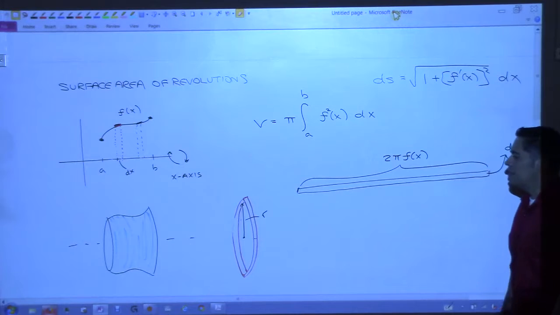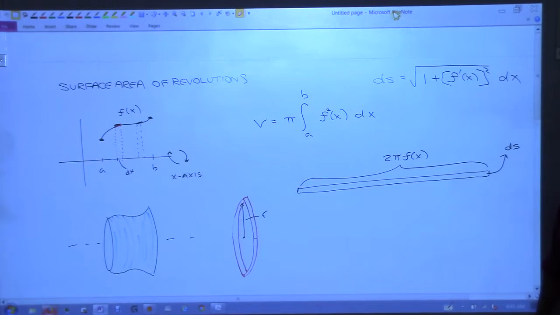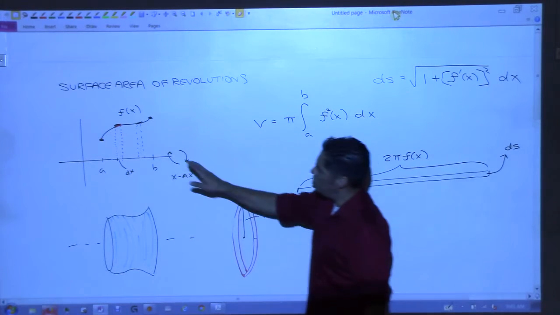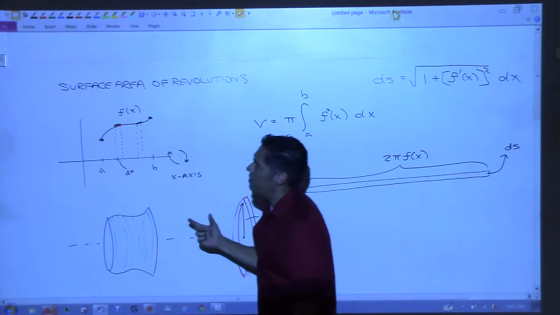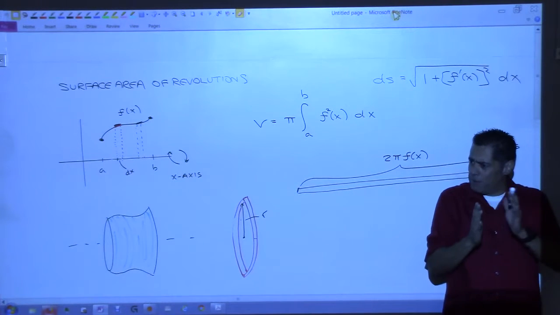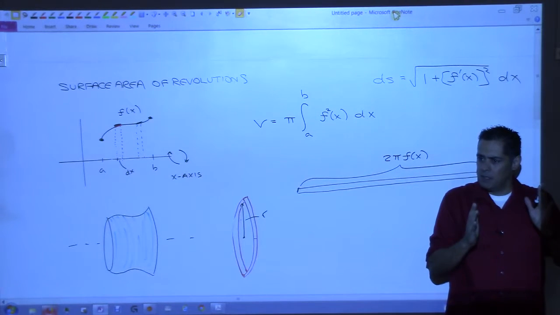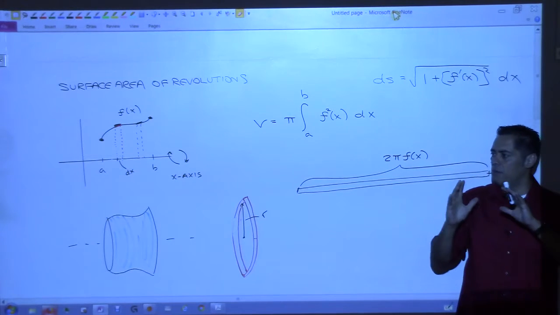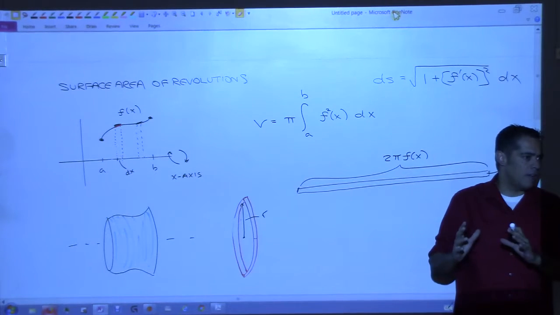The thing I think that bothered me when I was a Cal 2 student is, how can we add all these things up if the function's always changing? If the curve is always changing, how is it that this computation somehow keeps track of all those changes? And that's the absolute beauty of the fundamental theorem of calculus.